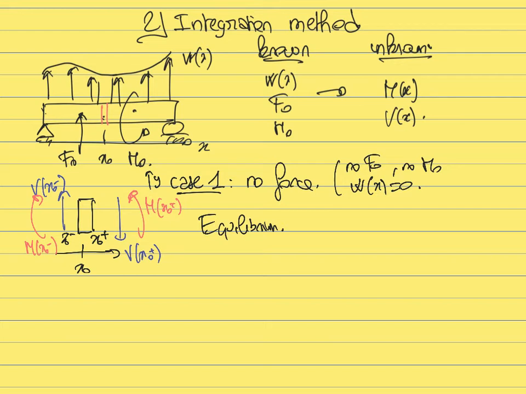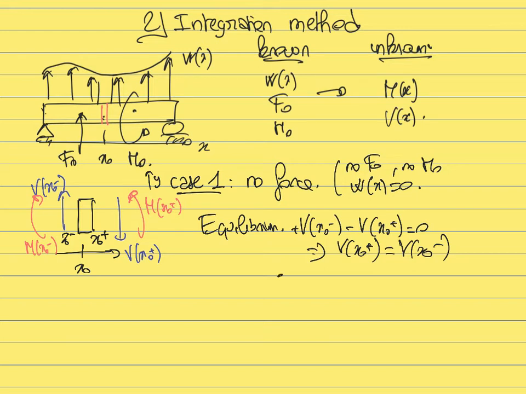We have two forces along the y-axis: V(x naught minus), which has a positive projection along the y-axis, and V(x naught plus), which has a negative projection. The sum of those two forces is equal to 0. So we find that the internal shear on the right is equal to the internal shear on the left. So that's the first thing.